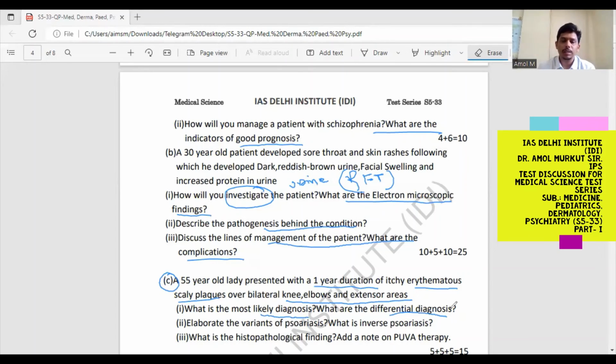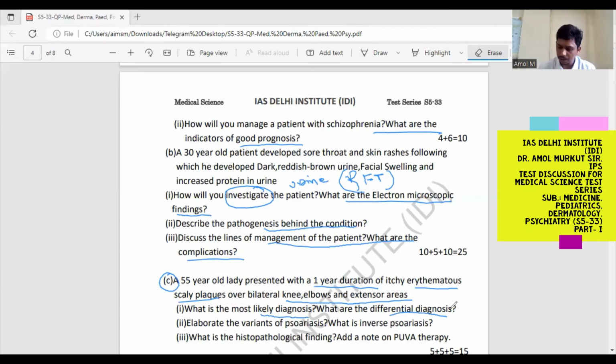But we can say the differential diagnoses of psoriasis. We can call it candidal intertrigo. We can call it atopic dermatitis, the flexural version of the adult type. Okay, so there are various differential diagnoses of psoriasis which you can write here. Elaborate the variants of psoriasis.